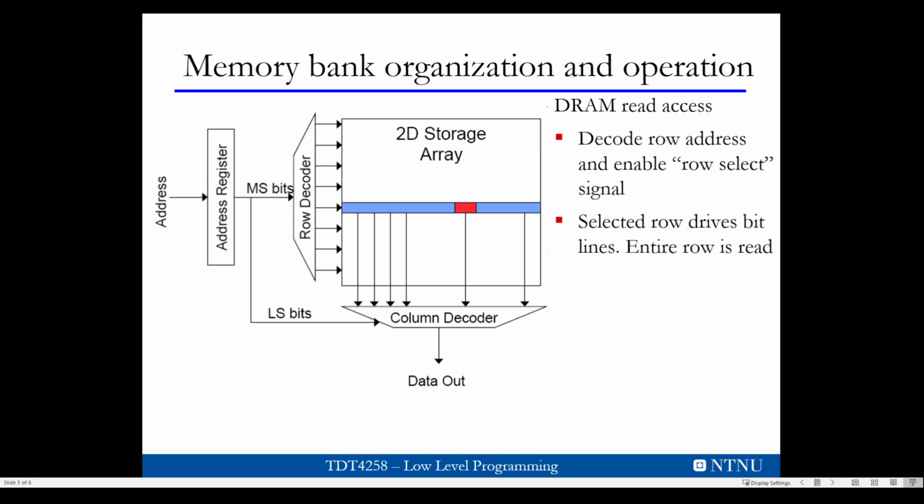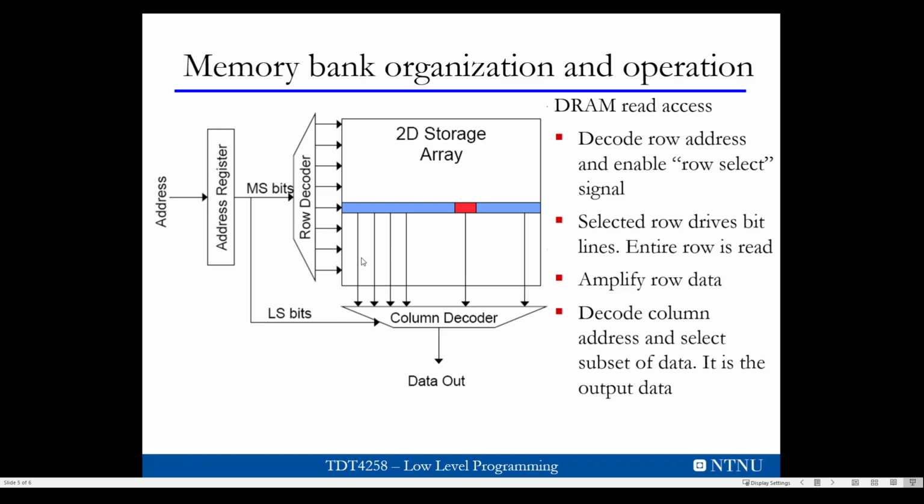We read this value and take it out of these cells. We amplify the values that we just read because the charge in some of the capacitors might be lowering down, so we need to amplify that so that we have a clear indication of where is a 1 and where is a 0. Now this row might have 1k to 4k bits depending upon implementation, but we don't really want to read all of these bits together. We only read maybe 64 bytes of data from DRAM in one access.